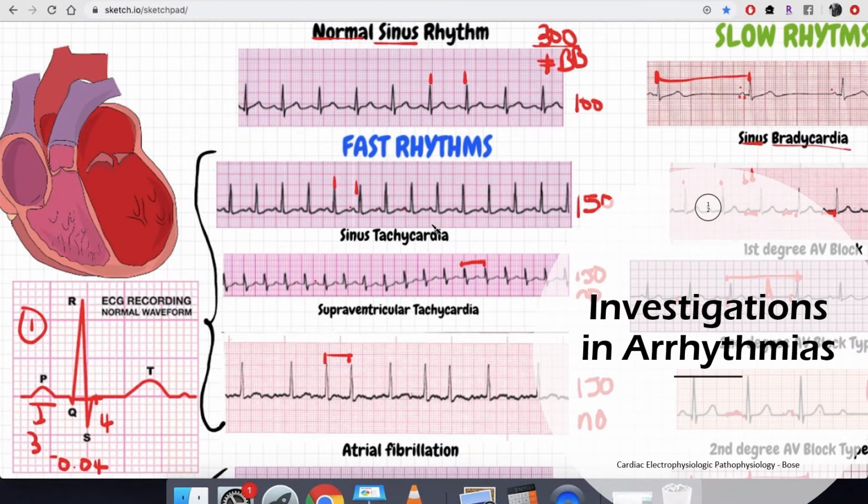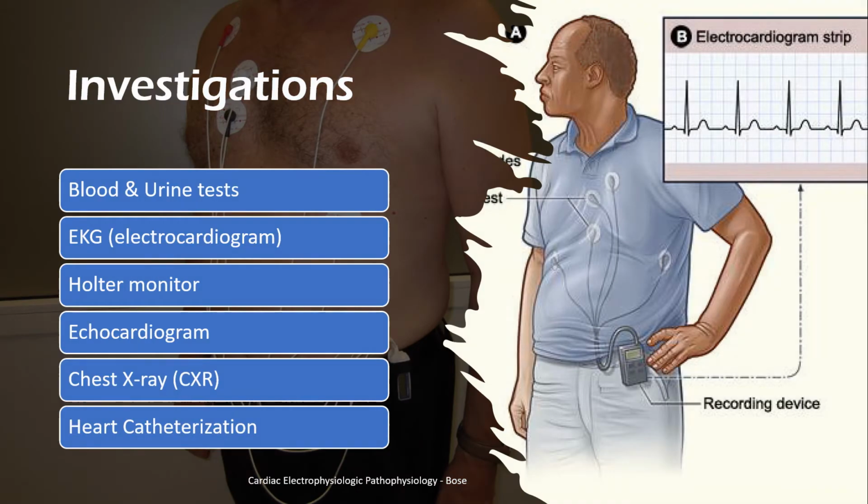Let's look at the investigations that are done in arrhythmia. As in many other areas of medicine, no one test is used as a confirmation of diagnosis or treatment decision planning. The most important investigation in arrhythmia evaluation remains the ECG, which provides an instantaneous reading of the rhythm of the heart.